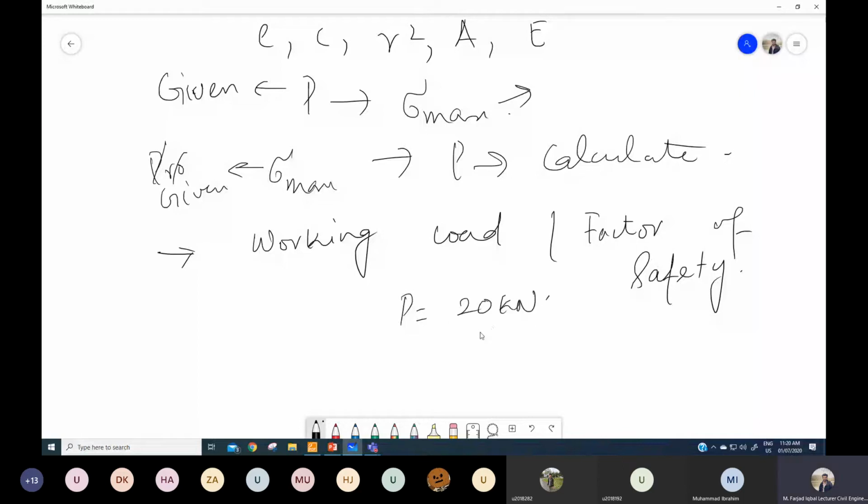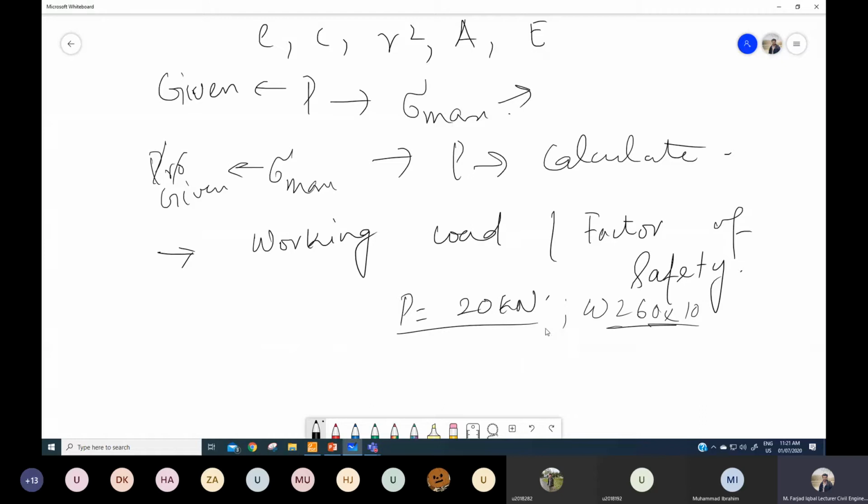So what does design mean? In design, we are supposed to calculate the stresses considering this load, and then based on these stresses, we will select a particular section, or maybe the designer or the client will specify that we need to use this section only. So based on this section, we will calculate the stresses, e and other factors, and then we will propose whether this section can carry this load or not.